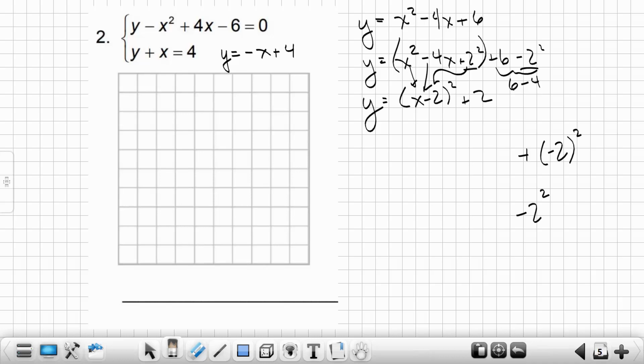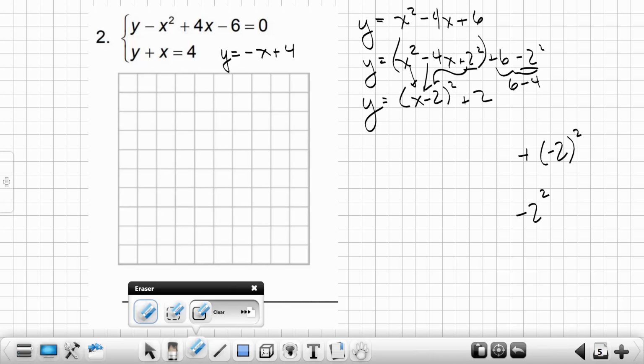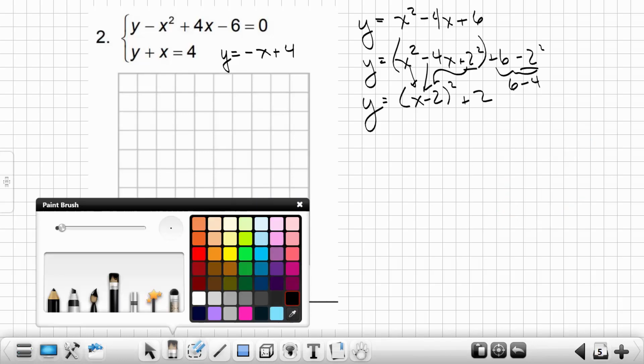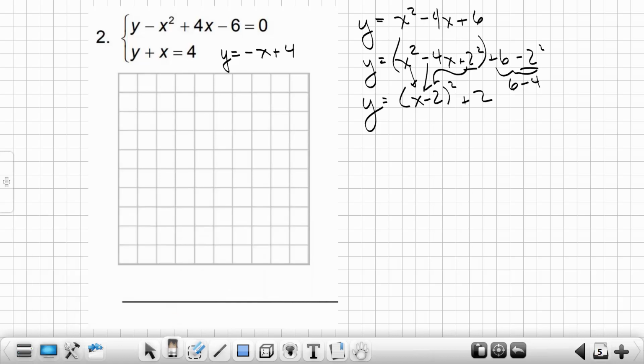That's positive 4. That's negative 4. So that minus is not being squared, just the 2 is. Which is why I emphasize parentheses so much to my students, because it makes a big difference which one you're looking at. That's not negative 2 squared. That's minus 2 squared. The minus is not being squared.